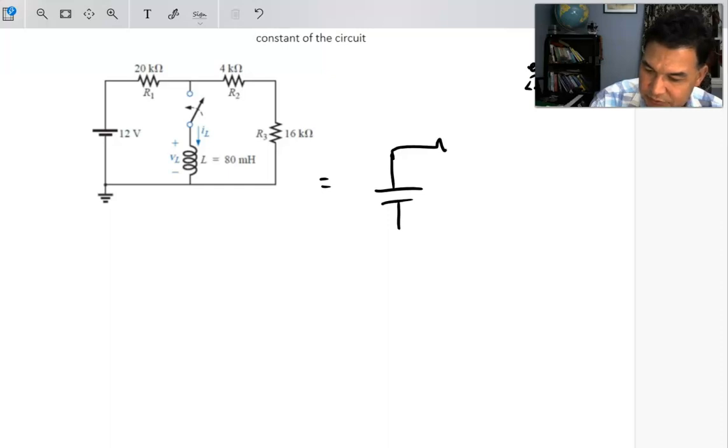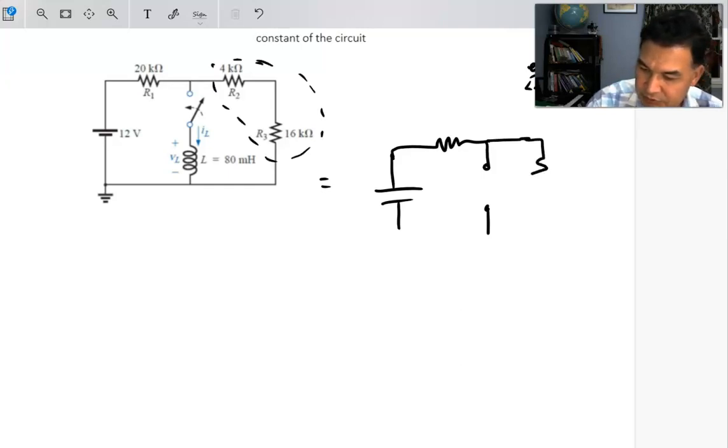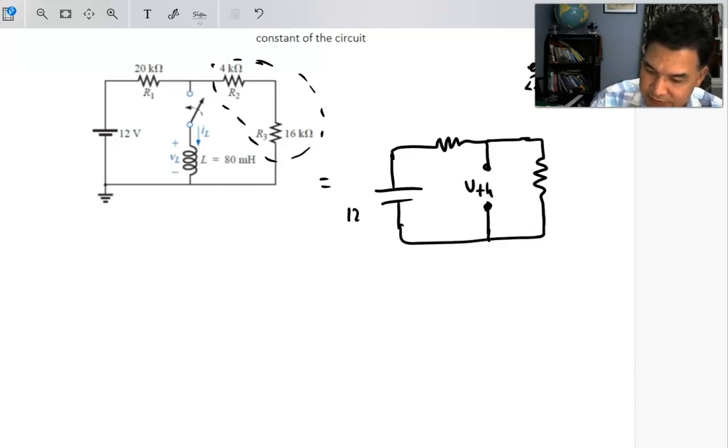The load is already removed, and here this is actually 20 kilo ohm. Whatever voltage you see from this end is your Thevenin's voltage.